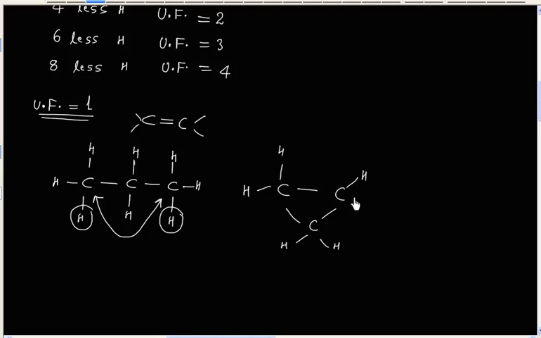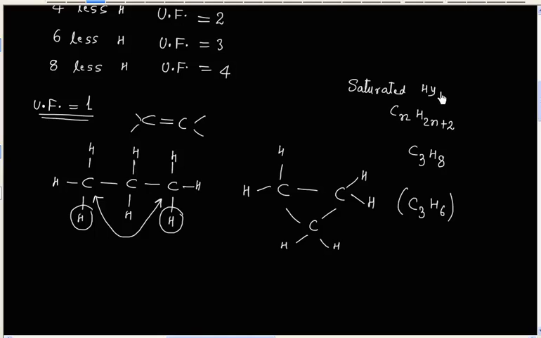In this case again, the formula of the compound is C3H6. One should expect that for 3 carbon, a saturated hydrocarbon will have 8 hydrogen. That is, the formula is CnH2n plus 2. This is the formula for saturated hydrocarbon. This means if I have 3 carbon, one will expect 3 into 2 plus 2, that is 8 hydrogen.